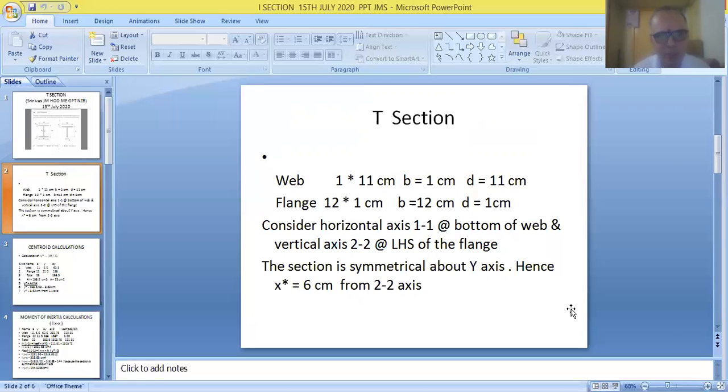Take 50% of that distance, it comes to 6 centimeter, and that is called X bar. So X bar is written as 6 centimeter, which is measured horizontally from the y-axis.